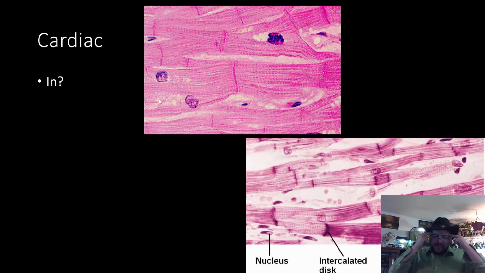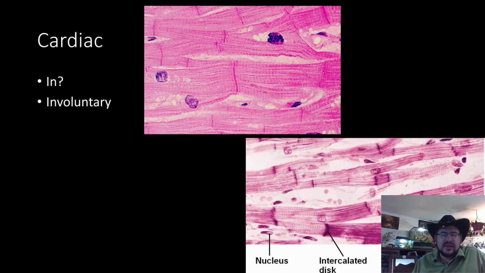Okay, heart, beat faster. Nope, not under conscious control. That's involuntary. So, cardiac muscle is kind of fascinating because it is involuntary. It is striated. So it has all those bands.